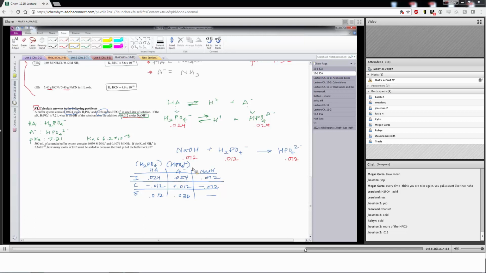Do I have at least 2 or 3 of you guys with me here? It's the same point that I have on the other page, Megan. So am I losing you when I react it with the sodium hydroxide, or am I losing you when I try to put it into an ice chart?